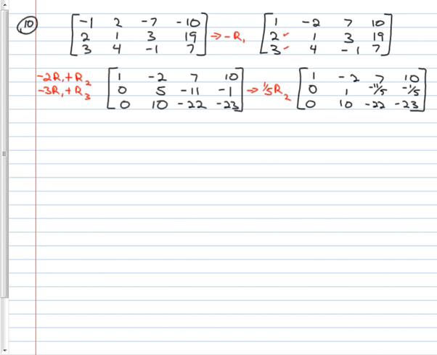You need to get rid of that 10, so it will be negative 10 times row 2 and add it to row 3. Negative 10 plus 2 is 0. Negative 10.